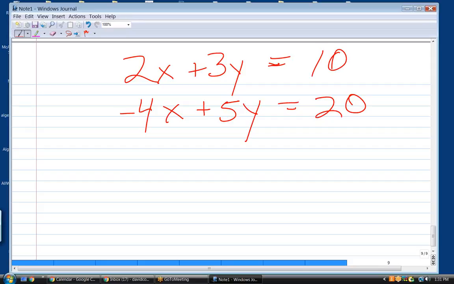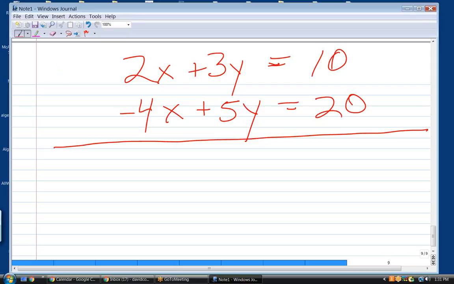Okay? However, what we're going to do here is notice that if I add or subtract these two equations, I do not eliminate a variable. However, the rules of algebra say that you can multiply any equation by something on the left as long as you do it on the right.